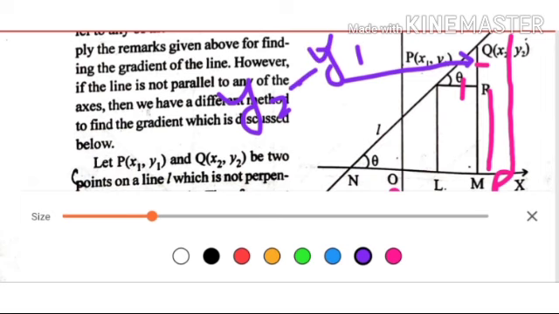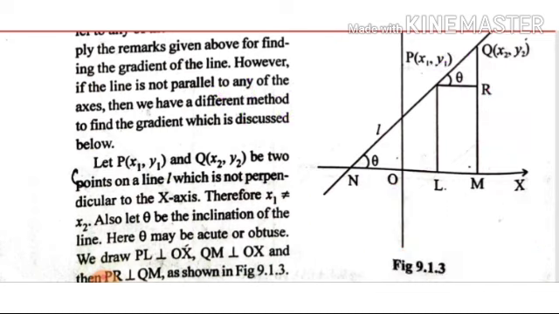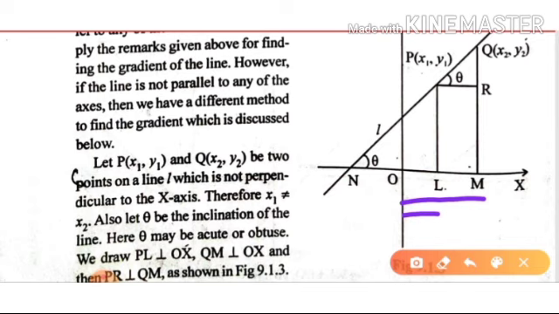And look at here, from here to here it is x2, and from here to here it is x1. So this part is x2 minus x1.